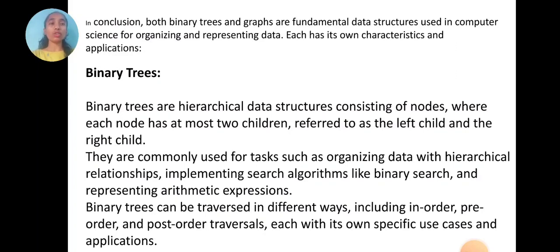They are commonly used for tasks such as organizing data with hierarchical relationships, implementing search algorithms like binary search, and representing arithmetic expressions. Binary trees can be traversed in different ways, including in-order, pre-order, and post-order traversal, each with its own specific use cases and applications.